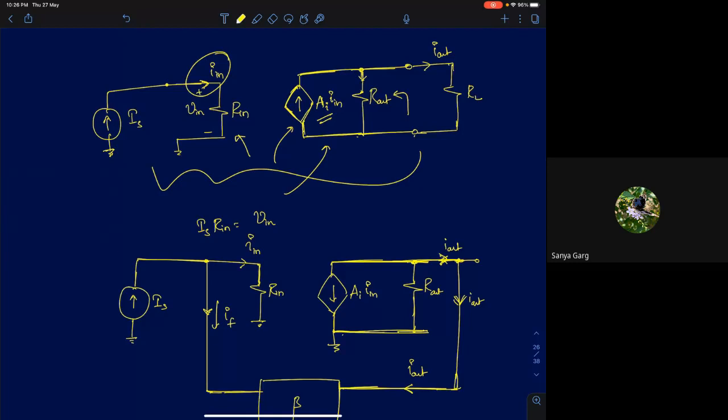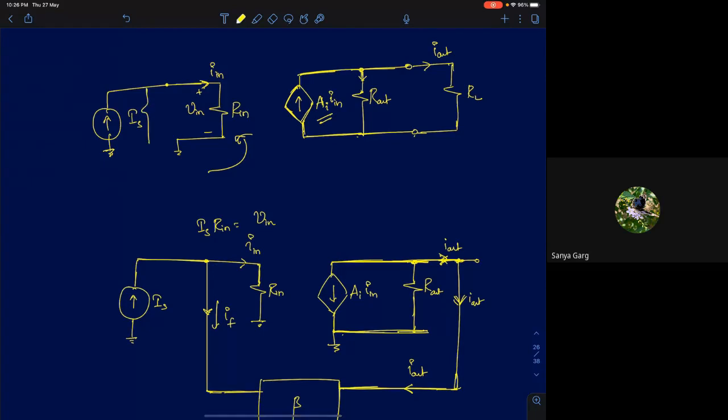Now, ideally, what should be the values of R in and R out for this current amplifier? What do you think? What should be R in? Remember, for an ideal current amplifier, whatever the source resistance, you want all this current to flow into the amplifier, which means it should have a very low input resistance.